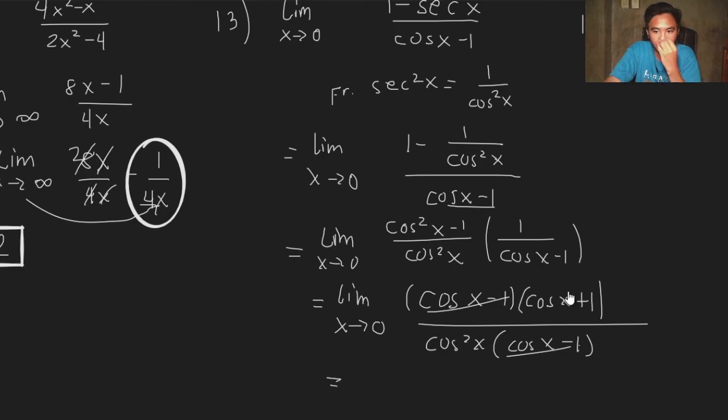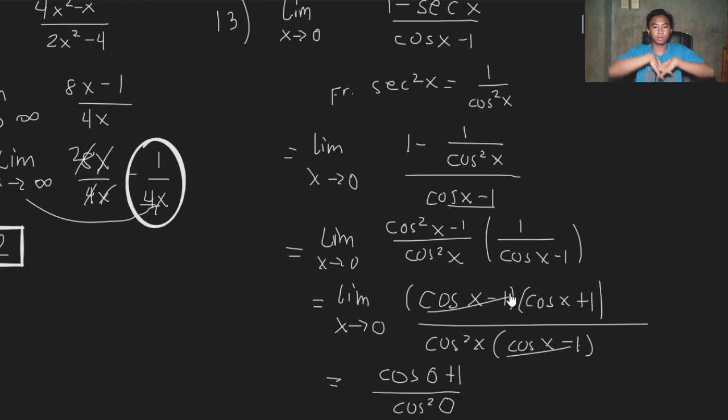And then, by substitution, cx, no? So, cosine 0 plus 1 all over cosine squared 0. Yan, ano na ba ulit yung value ni cosine 0? Is 1. So, 1 plus 1 equals to 2.